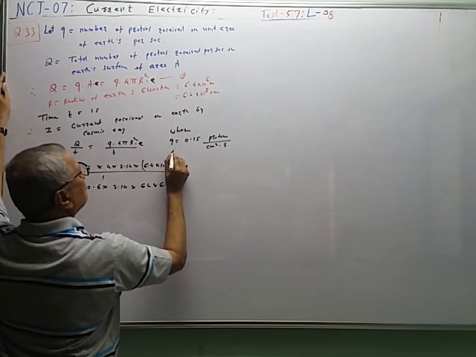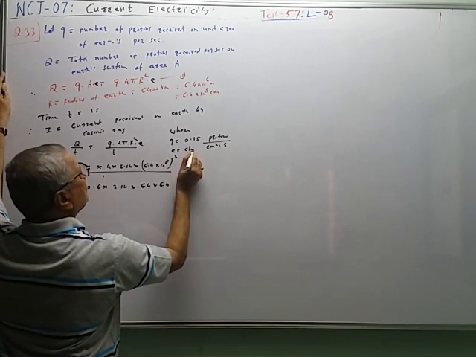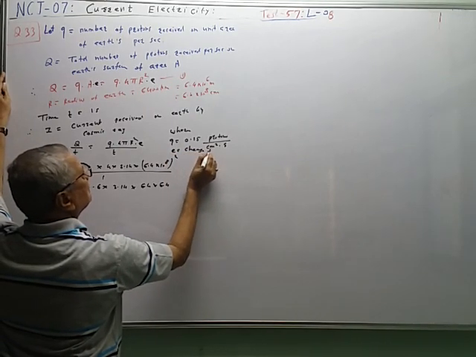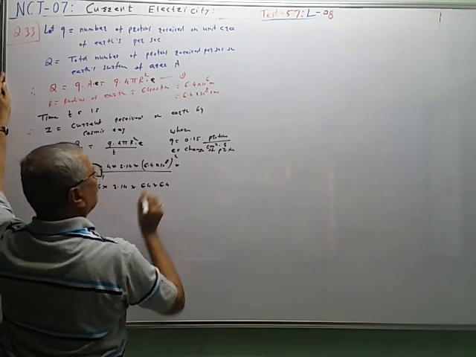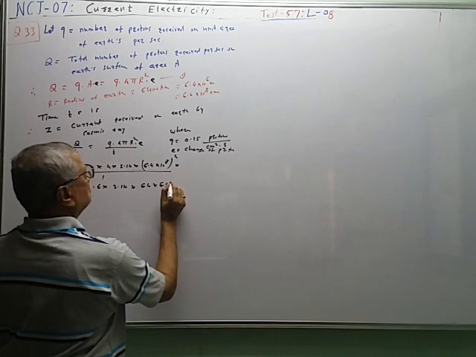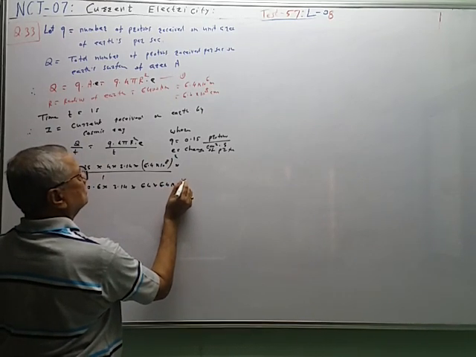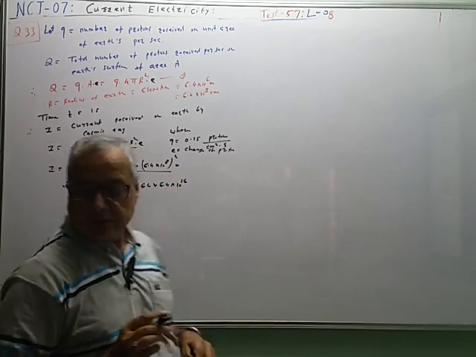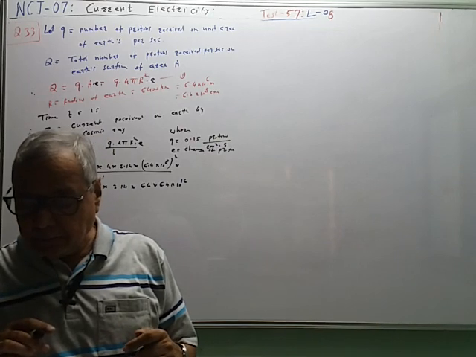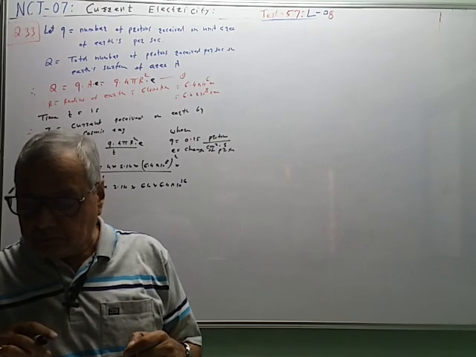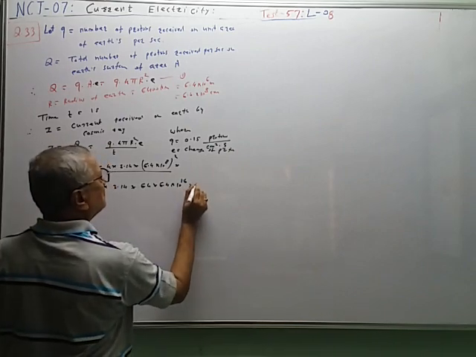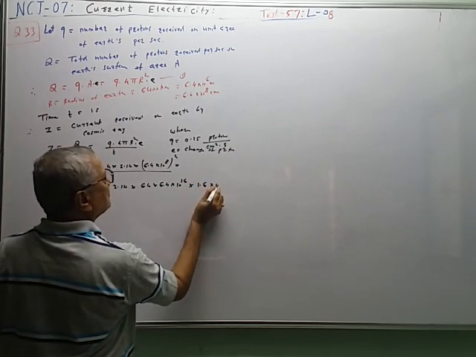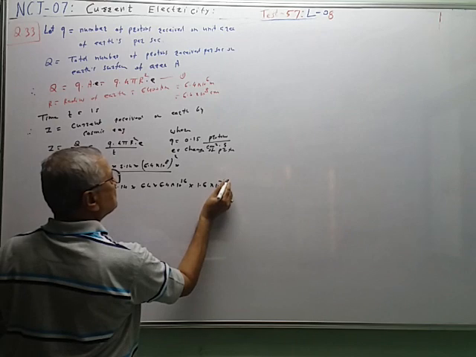E is equal to charge of proton. प्रोटॉनचा चार्ज आपल्याला दिलेला आहे 1.6. इलेक्ट्रॉनचा चार्ज असतो 1.6 into 10 raised to minus 19.